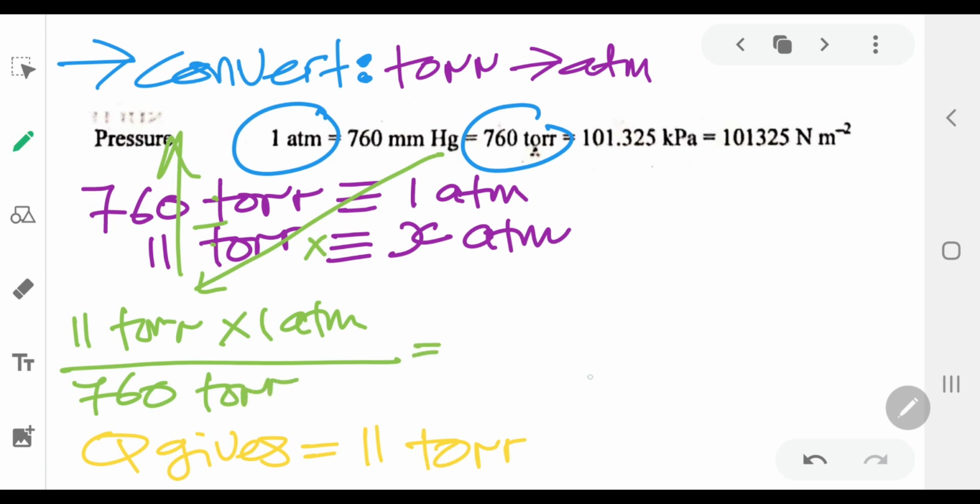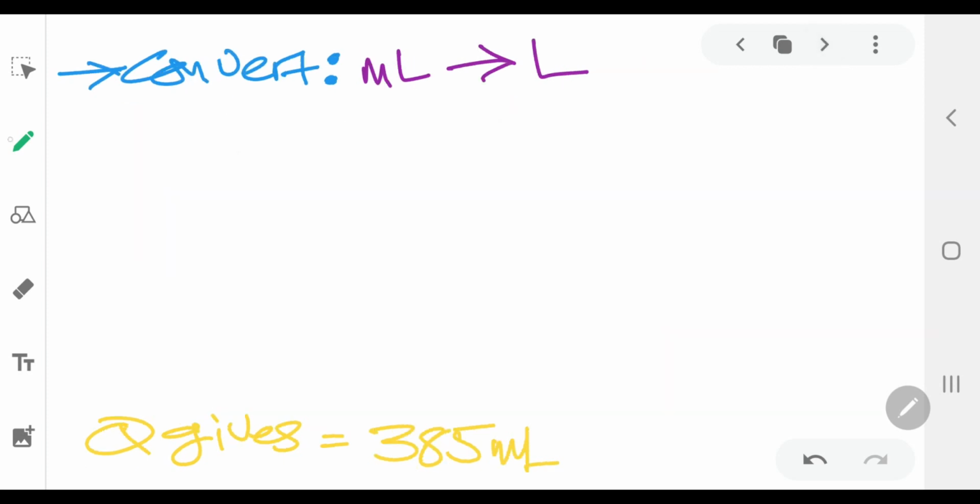So you're going to get somewhere around 0.0145 ATM. Okay. Next, we're going to convert milliliter to liter.